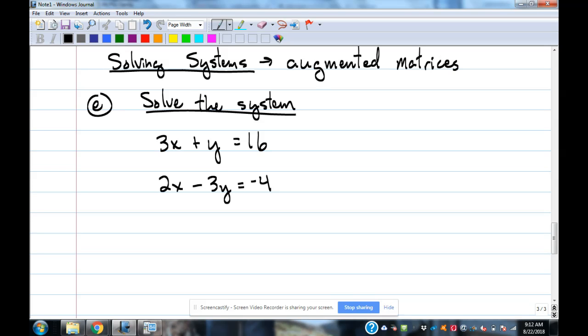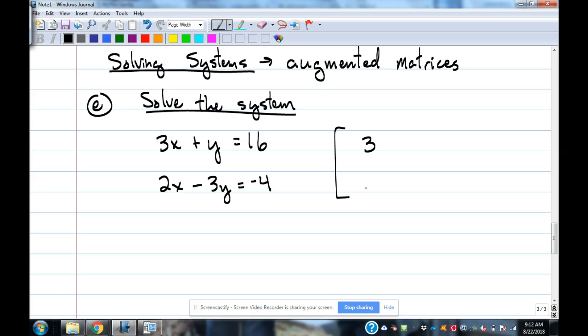So what we're going to do is take this system and put it into an augmented matrix. The way an augmented matrix works is you take your x's to form the first column, your y's form the second column, and your answers form the third column. Okay?